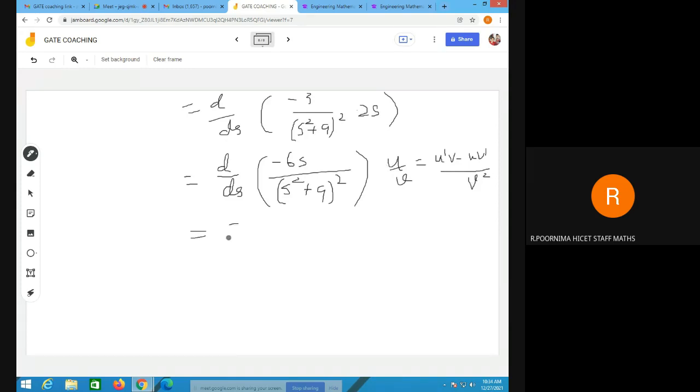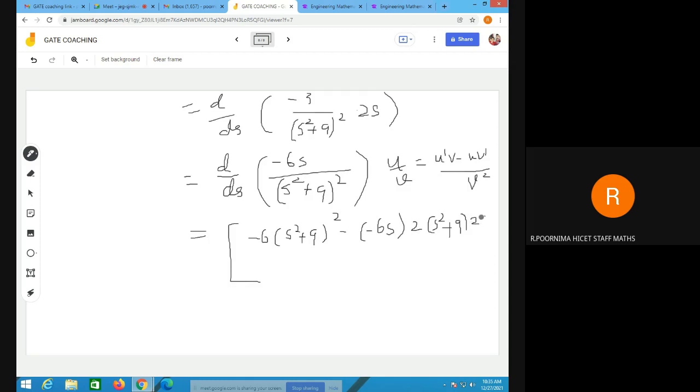So now we apply this formula. u dash means the differentiation of the numerator term, minus 6, into v, s square plus 9 the whole square, minus u v dash. u is minus 6s into v dash, the differentiation of s square plus 9 the whole square, which is 2 into s square plus 9 into the differentiation of the denominator term without power, that is 2s.